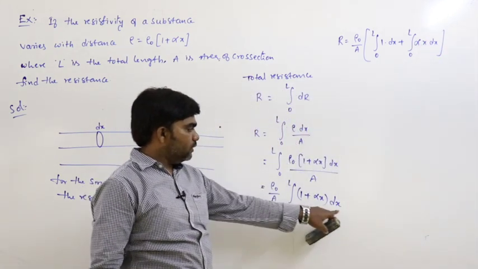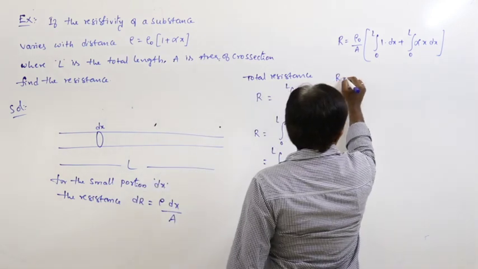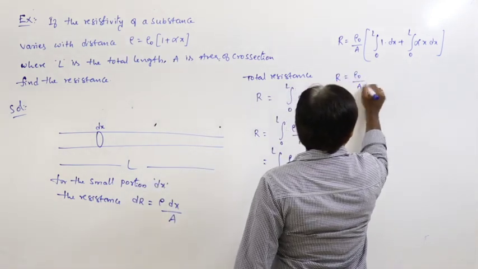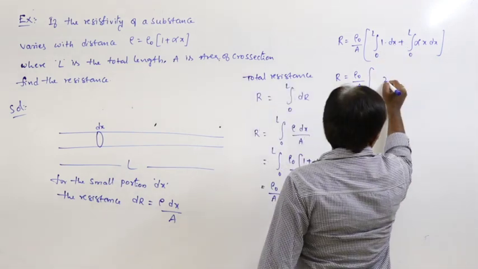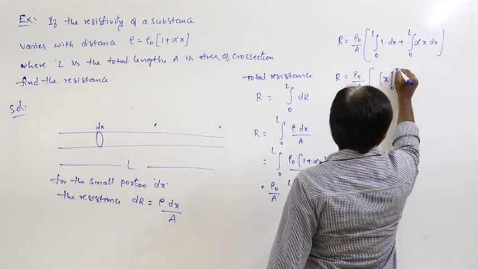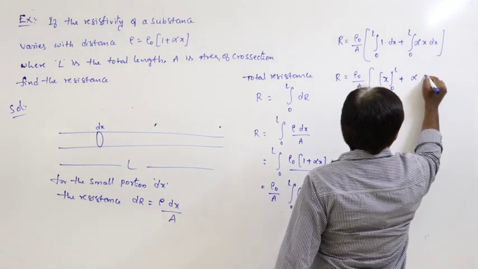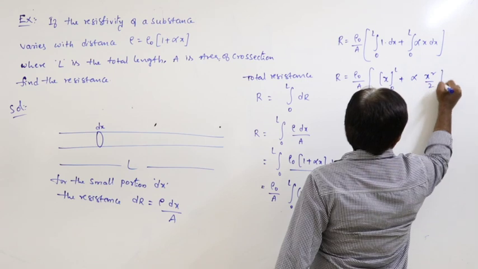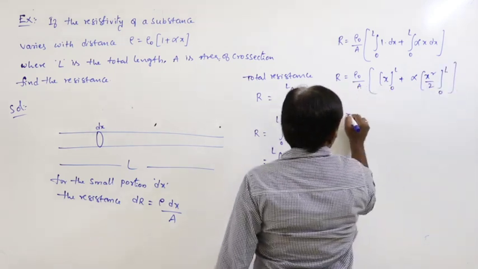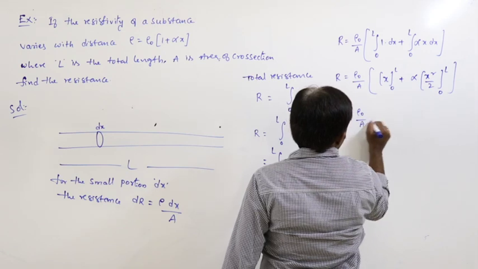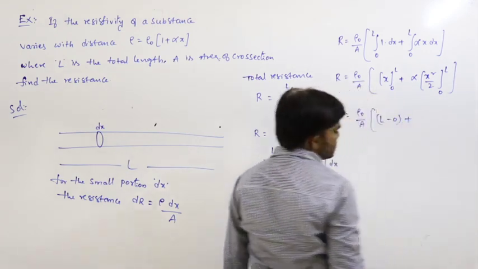Split this into 1 into dx plus alpha x dx. Then R is equal to rho naught by A into, constant into variable gives the variable x, where x varies from 0 to L, plus alpha into integral of x dx, which is x square by 2, from 0 to L.